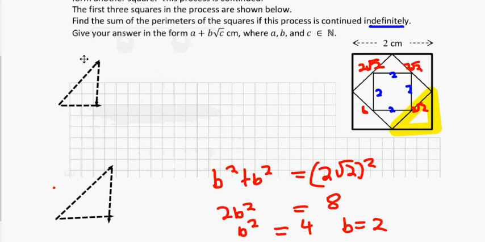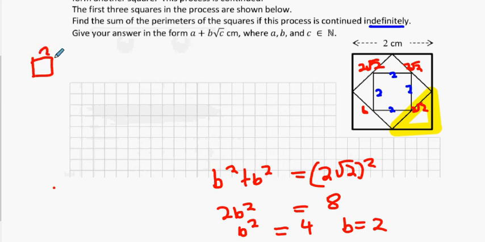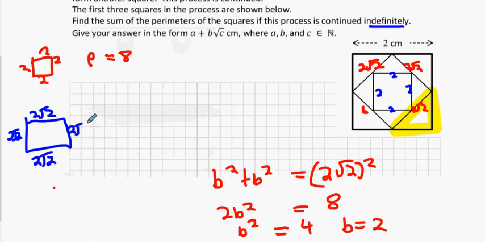Okay? So what we have here is the following. We have the several perimeters. The first perimeter, the perimeter of the small square, is going to be 8. The perimeter of the second square, which is all the 2 root 2's, P2, is going to be 8 root 2.